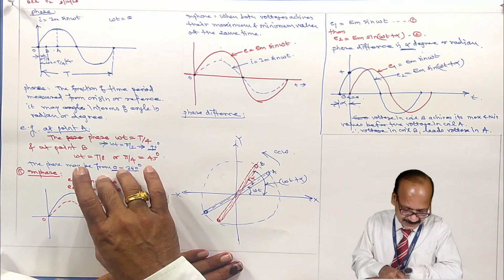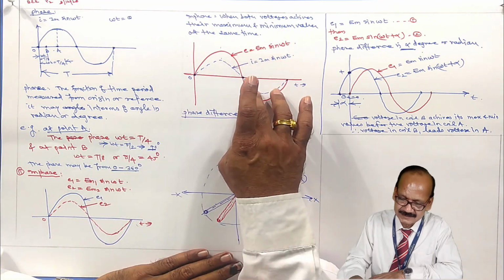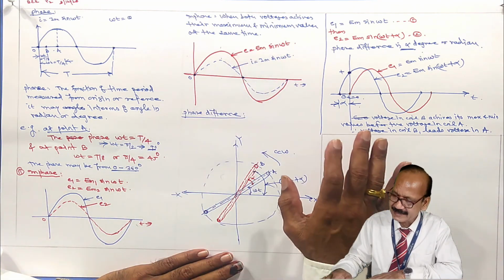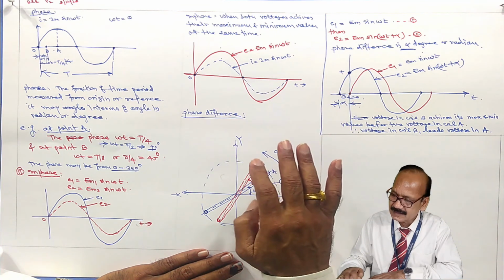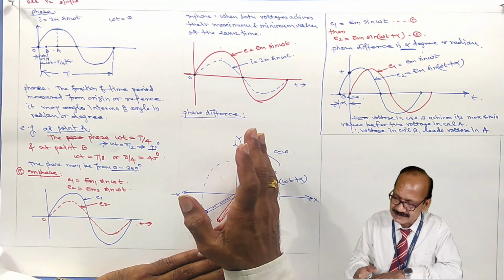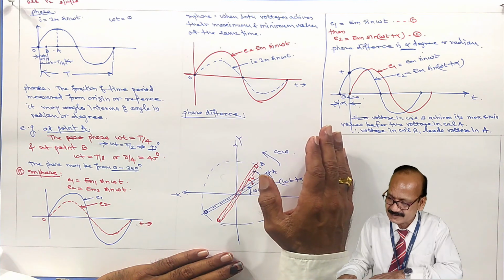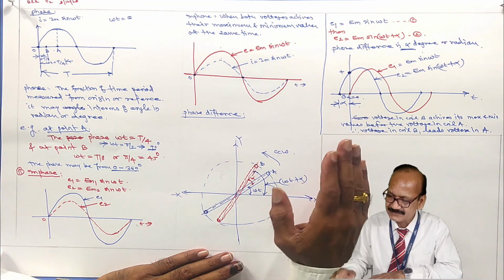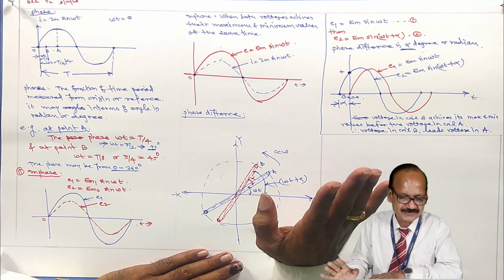The quantities may be similar or may be a voltage and current as shown. And we have also seen the phase difference. Here one quantity is leading the other and achieving its maximum value earlier than the other one. At t equal to 0, the leading quantity has a positive value. So in this way we will stop here.